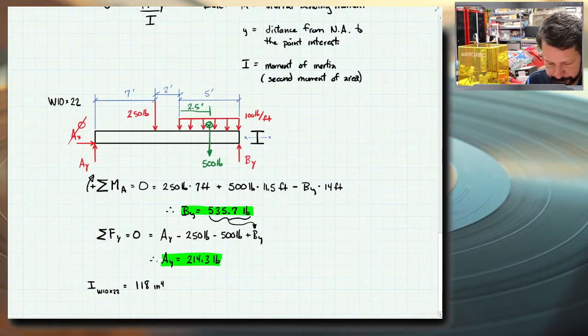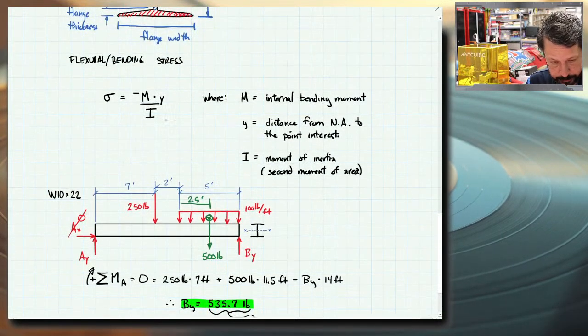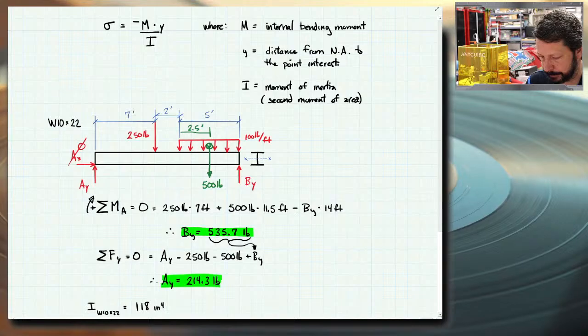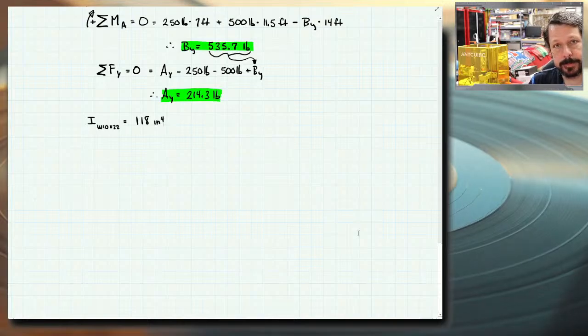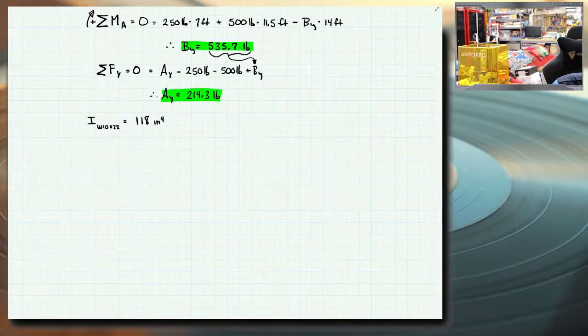All right, so we have I. So we have the denominator. We need M and Y. So let's do Y next. That's the next easiest thing. So we described Y as being the distance between the neutral axis of the beam and the point of interest. So let's draw our cross section. Kind of like this.